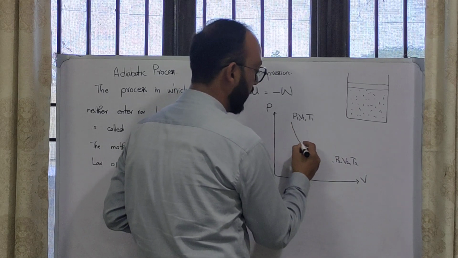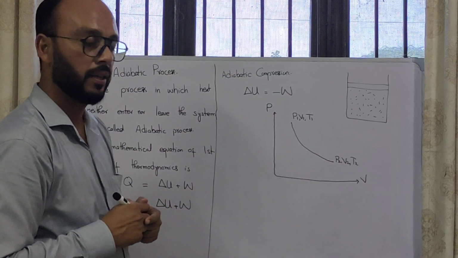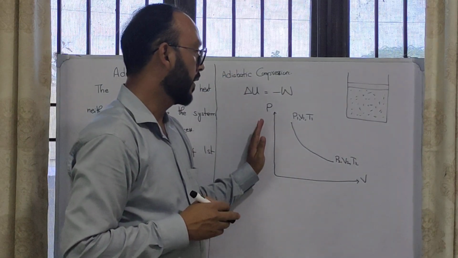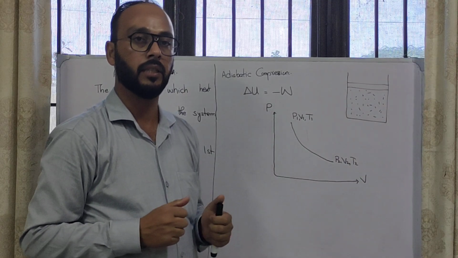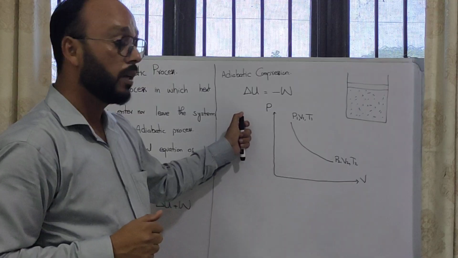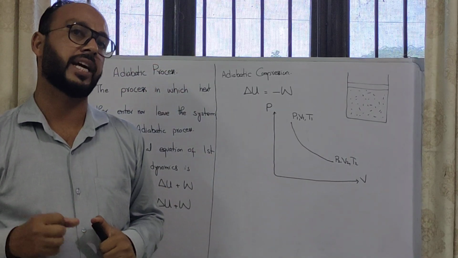So we obtain a graph like this. This is the graph of the adiabatic process, which is the application of the first law of thermodynamics.